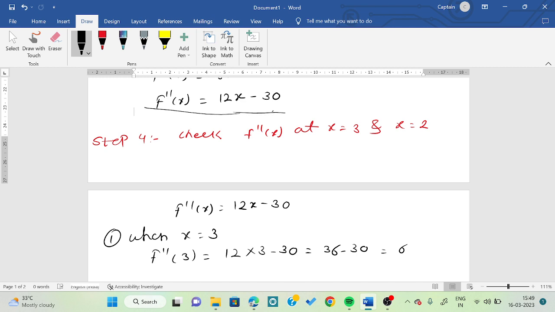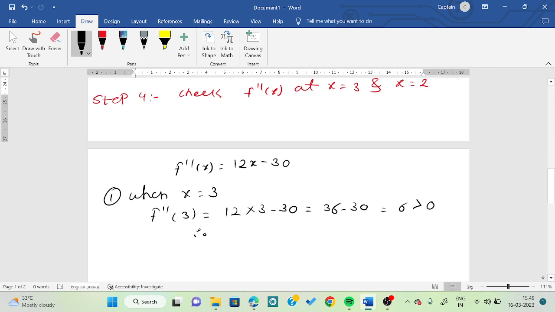As we already discussed, if it is positive, x is equal to 3 is the point of minimum.